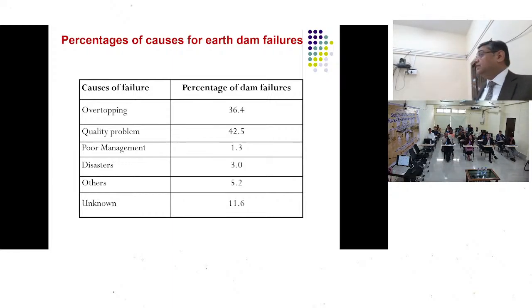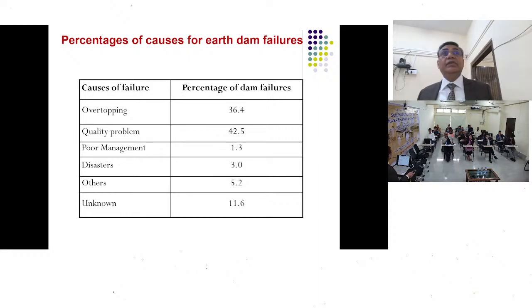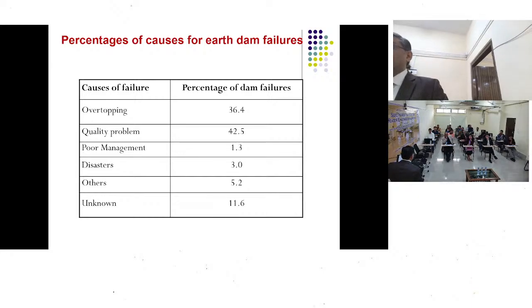So statistically we see overtopping, and at maximum we are having quality problems. If we try to analyze the dam failures, the maximum are occurring because of quality problems. So looking at the main reason, the blame will come on design, because insufficient spillway depends on the design.